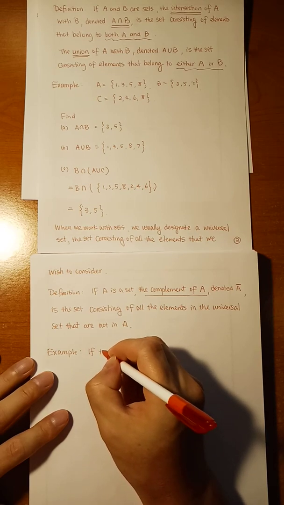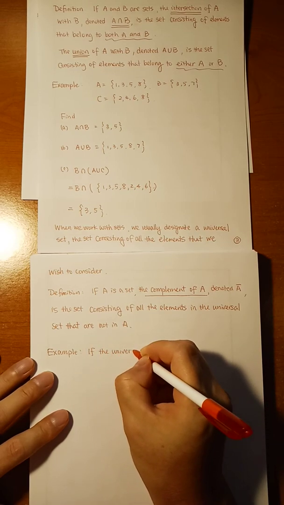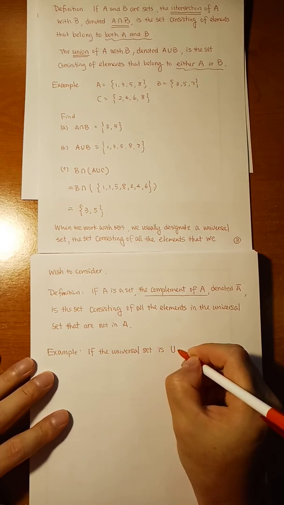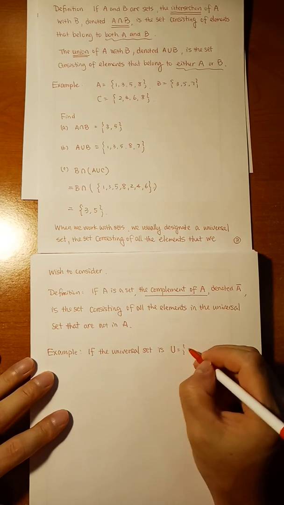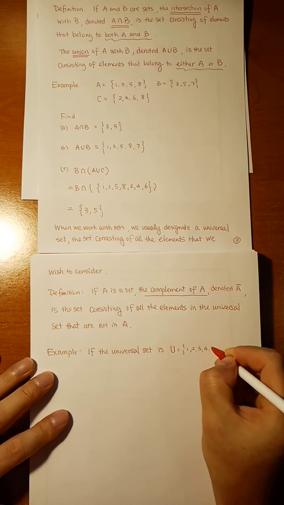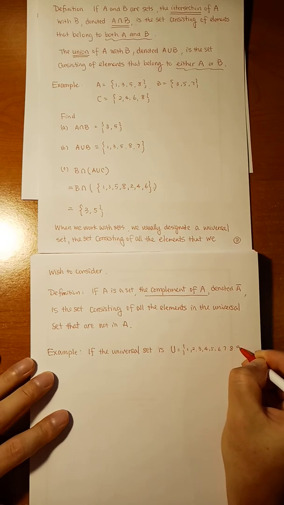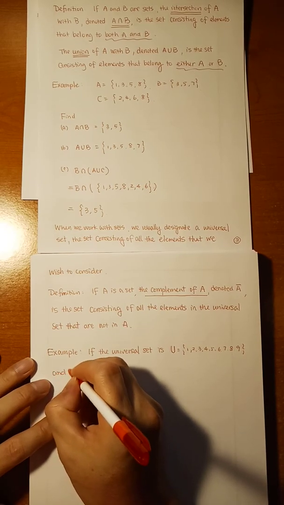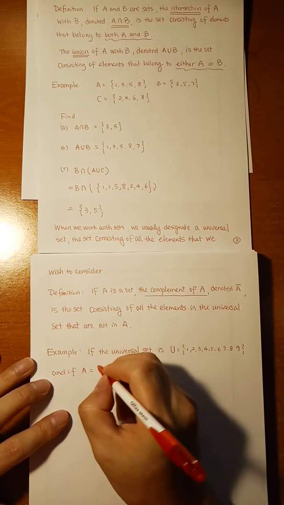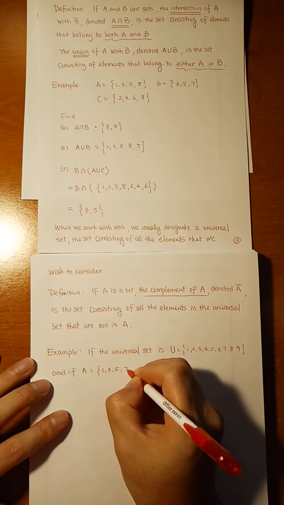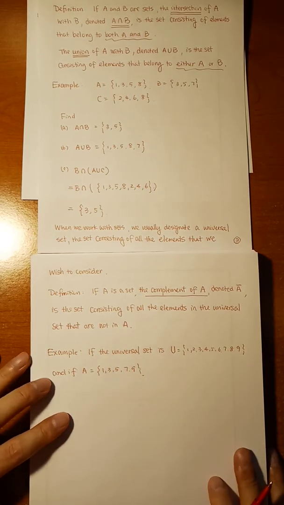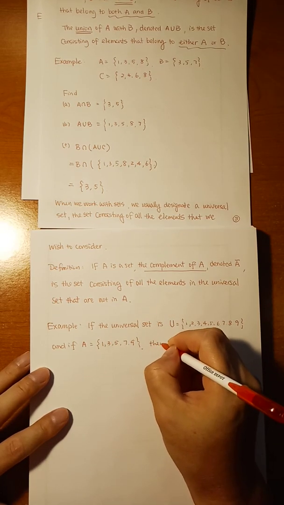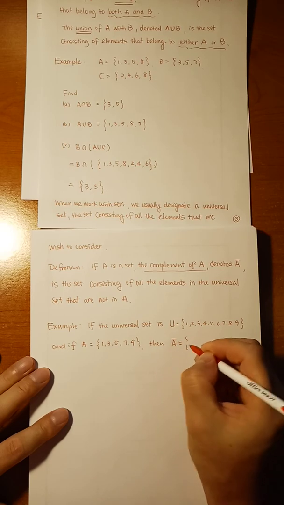So if the universal set U is the set of 1, 2, 3, 4, 5, 6, 7, 8, 9, those digits but without a 0, and a set A is 1, 3, 5, 7, 9, all odd digits, then what is the complement of A?